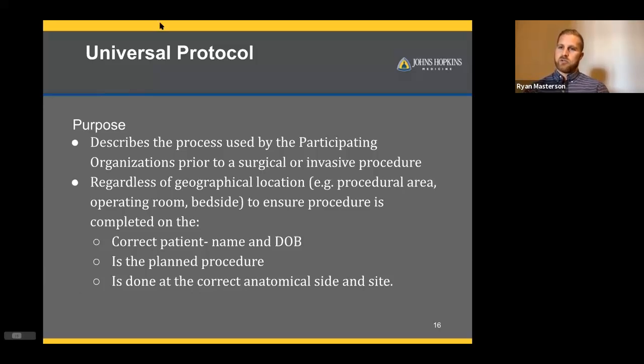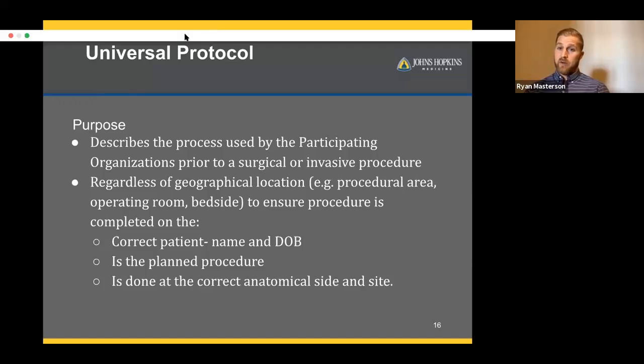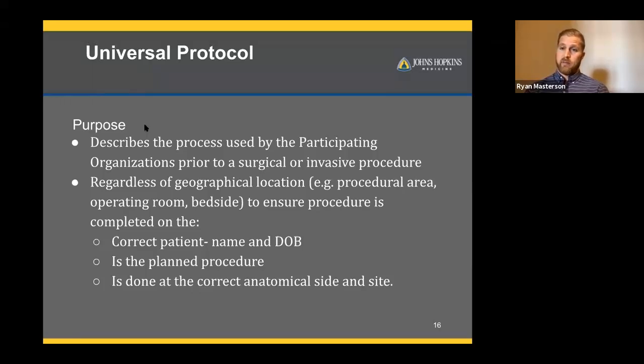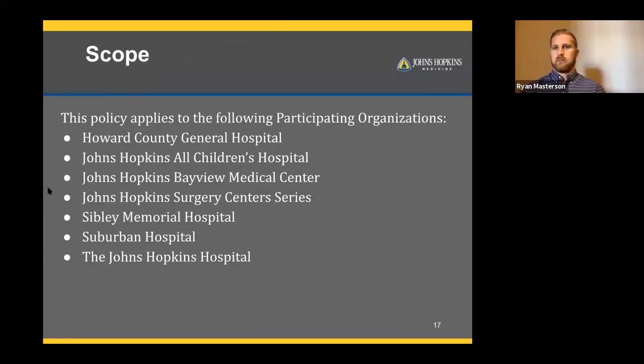That's just to ensure that we are working on the correct patient, and typically we identify them by name and date of birth, that this is the correct planned procedure, and that it's done on the correct anatomical side and site. So this policy applies to pretty much every organization within the Johns Hopkins system.